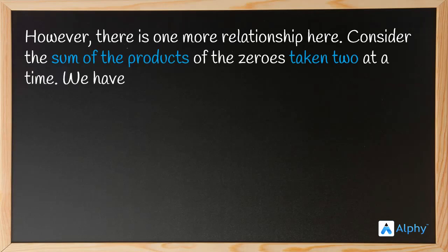Now what does this mean? We have three zeros and we take two zeros at once and multiply them. Then we take two other zeros, multiply them. Then we take two more zeros, multiply them, and add all these three products. So let's see what I am actually talking about.